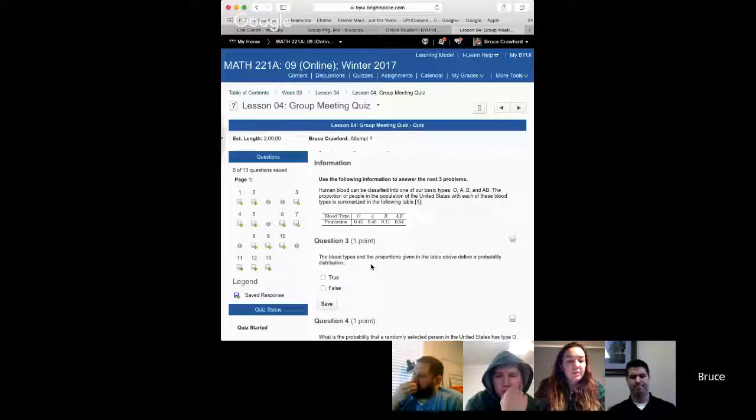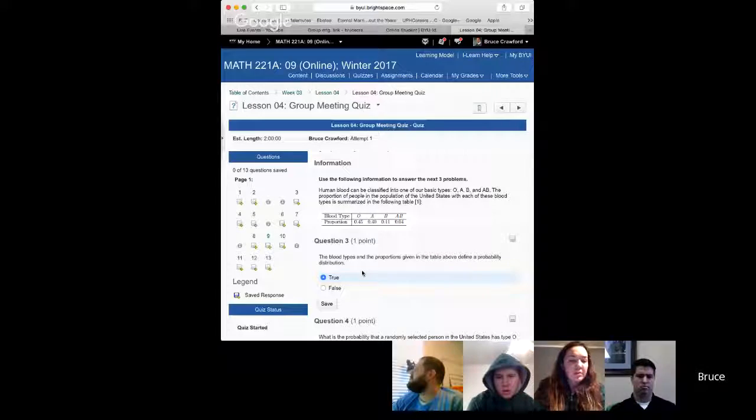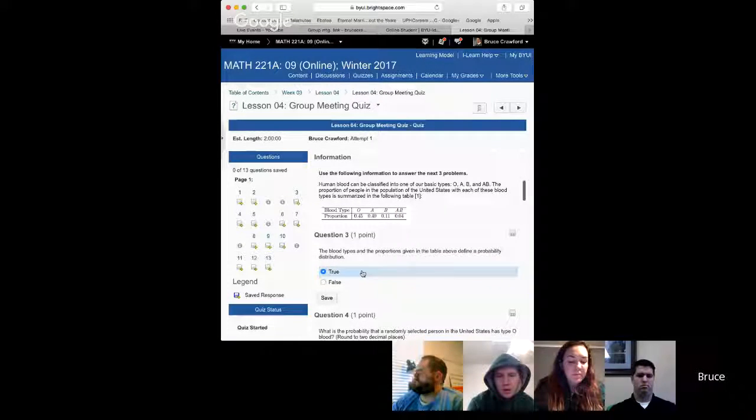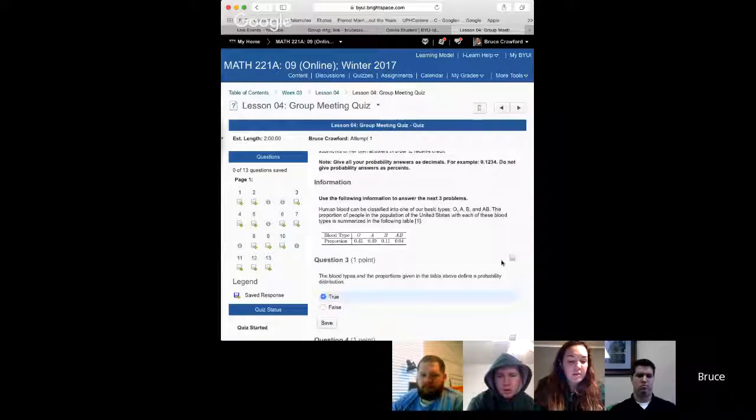The blood types and proportions given in the table above define a probability distribution. I haven't added it up. It does equal 1. Yeah, so then that would be true. 85 plus 11, 96 plus 4, 1. Yeah, that would be true then, because they all add up to 1.